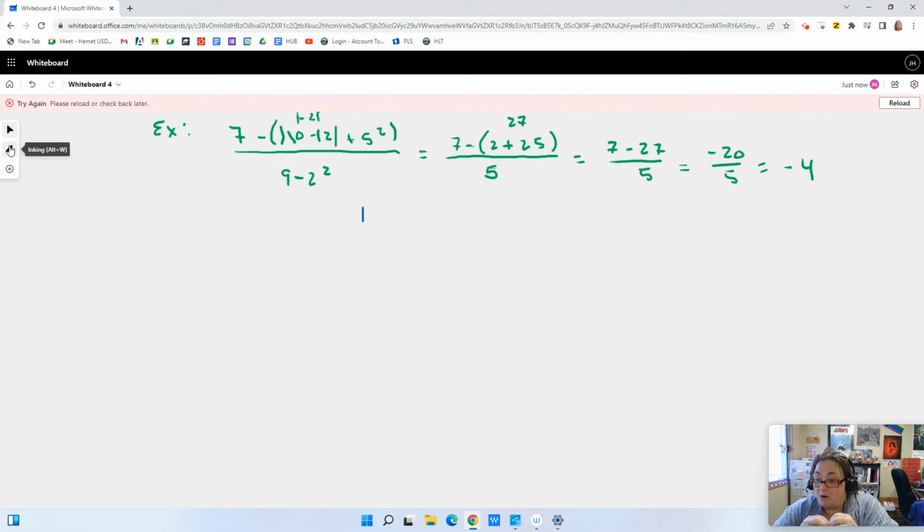It's not super hard, but it's going to require your order of operations, which is why I like to teach it together. Anytime someone asks you to evaluate something in math, they're going to give you a value that you plug in and you've got to try and get the answer.